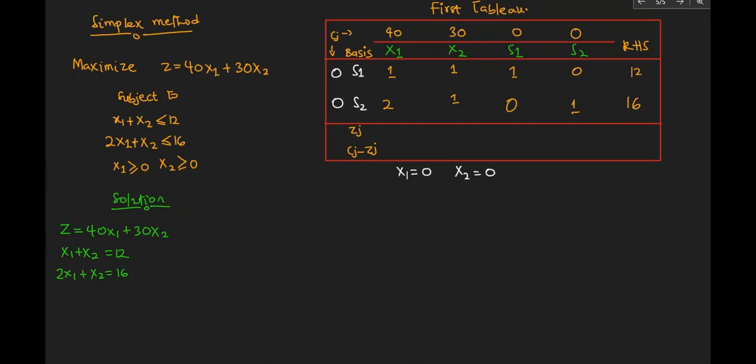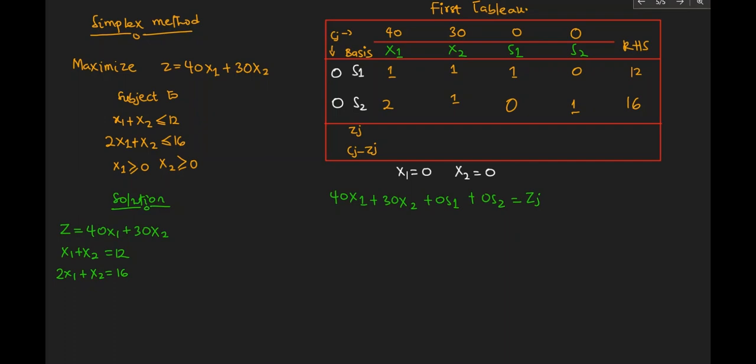To get the zj values, I'll write down the objective function in a standard form. So we have 40x1 plus 30x2, plus 0s1 plus 0s2, and then this should be equal to Z, right? But I'll make it zj in this case.